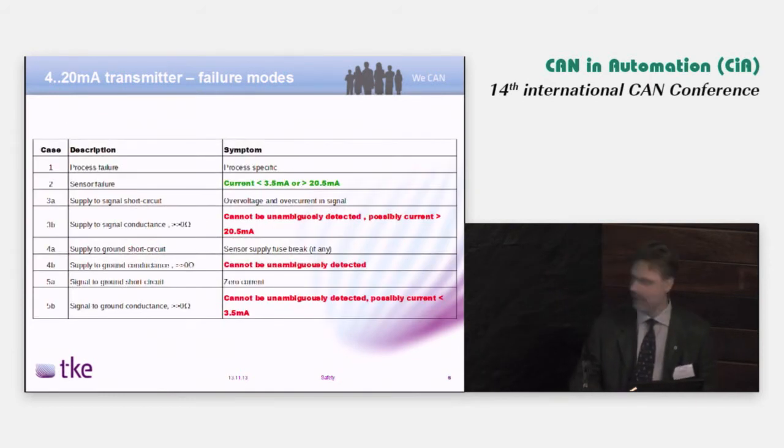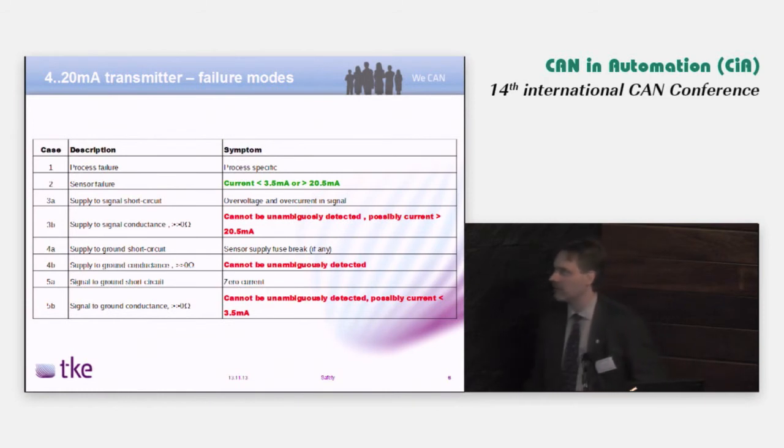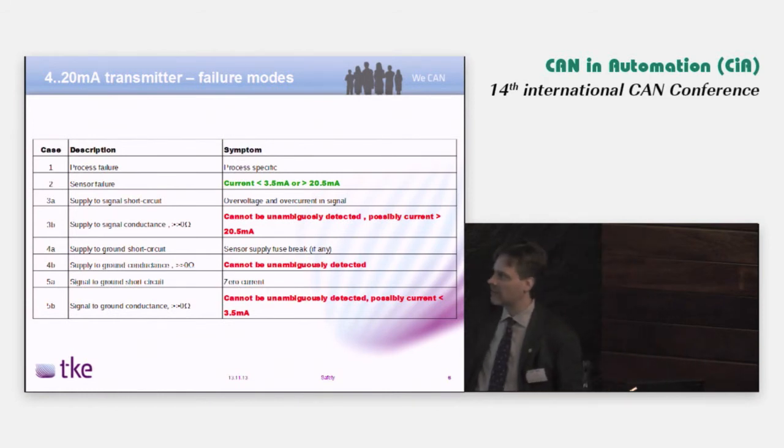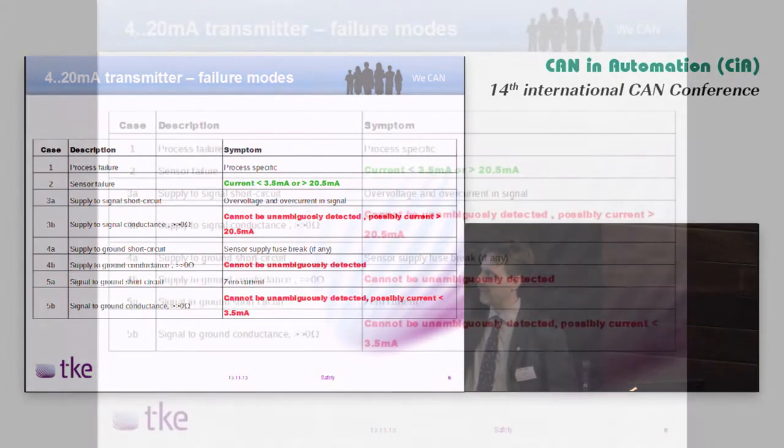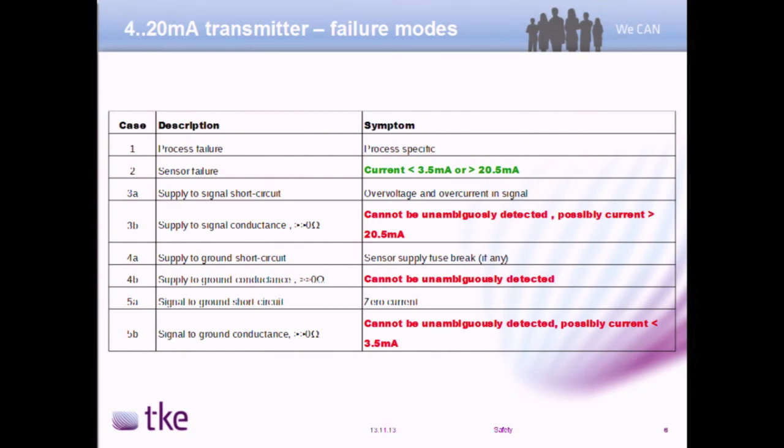That's why we can clarify that, in addition to short circuit, higher ohmic conductance shall also be considered, because there can be deformed cables, dirt inside connectors, and so on. These are the most typical failures. And even the sensor failure in the milliamp signal can be corrupted by other failures, which are quite typical.